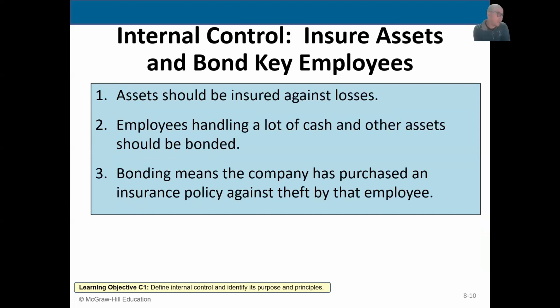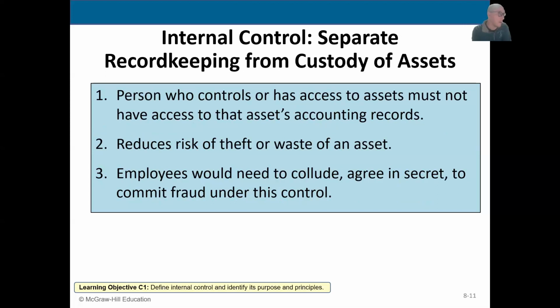This goes back to the insurance and the bonded employees. Assets should be insured against loss. And the bonding of the employee means the company purchases insurance for that employee. That's where that legally binding contract I mentioned earlier comes in. Separate record keeping from the custody of assets: whoever is taking the cash to the bank should not be the same person entering the transaction.